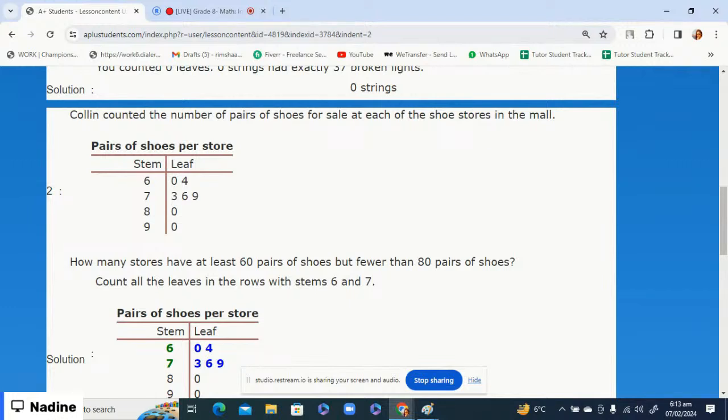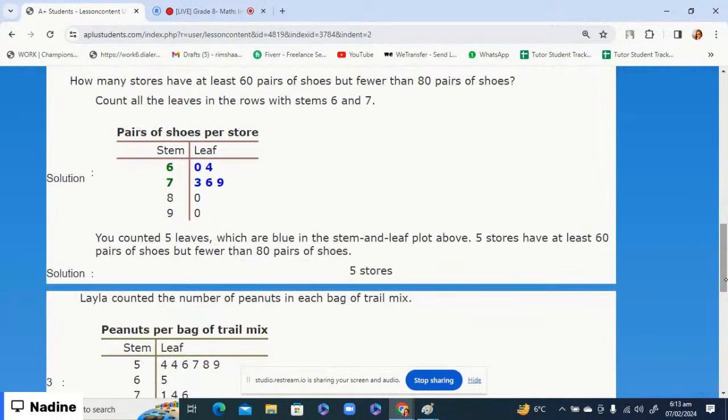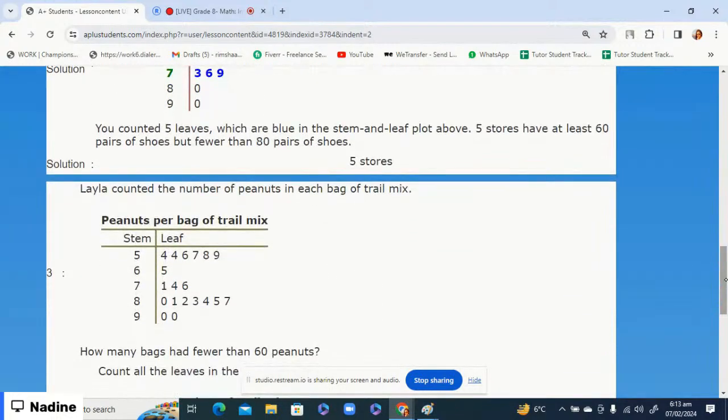How many for the 6? It's 2. And how many in the 7? It's 3. So count together: 1, 2, 3, 4 and 5. So the answer is 5 stores.